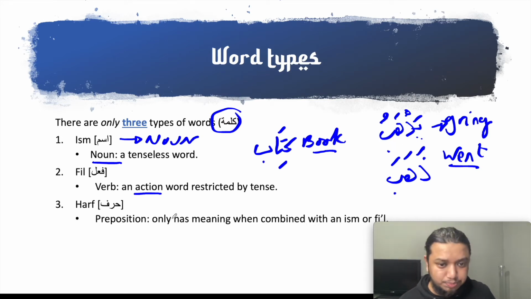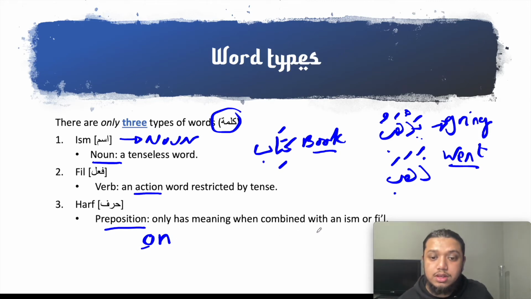fluently. And harf is a preposition. So this means it only has meaning when combined with an ism or fi'l. So if you're wondering what that means, for example, let's take the word on. If something is on top of something, even in English, it doesn't have a meaning unless it's associated with an ism or a fi'l.